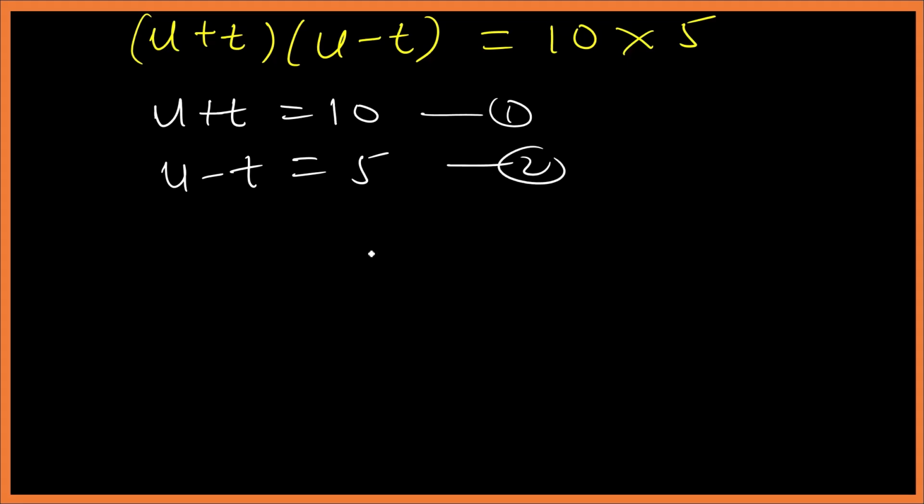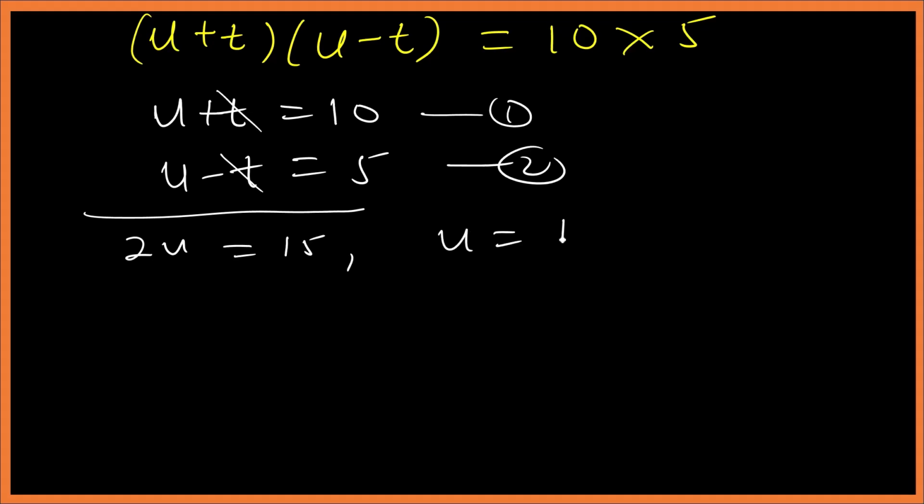Now let's add the two equations. This side will be 2u, this one will go, equals 15. Therefore u is 15 on 2.